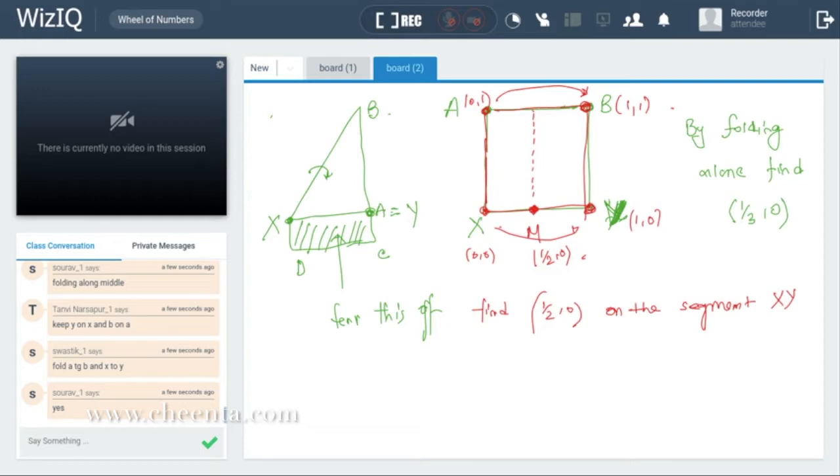By folding alone. Find 1/3 comma 0. Do not rush. This will take a little bit of time.